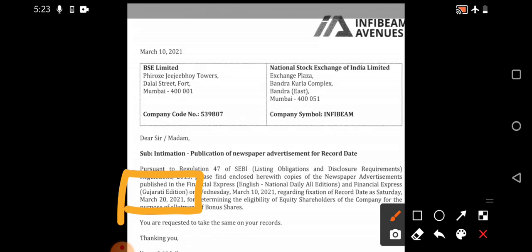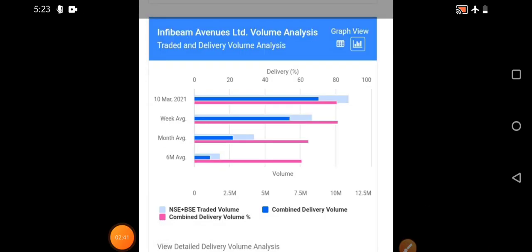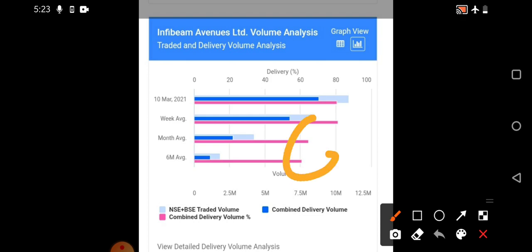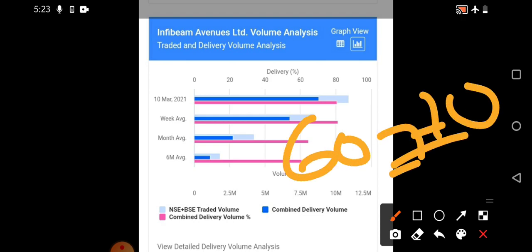Now, what are the advantages and disadvantages? We'll discuss that. Quickly we'll go to the volume analysis chart, and then we'll discuss the advantages. First we'll talk about the advantages. Let's say people who are holding this particular stock from 60 rupees, 70 rupees level. Let's take an example. Let's say I am holding Infibeam stocks from 50 rupees level.